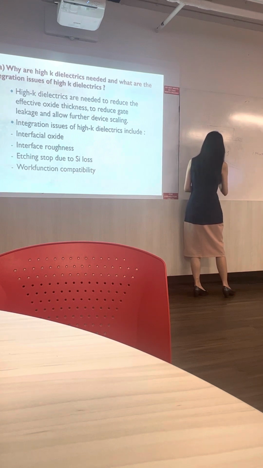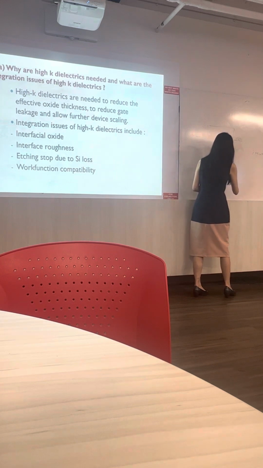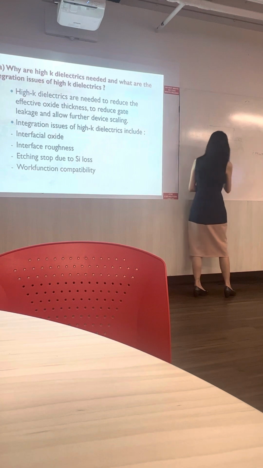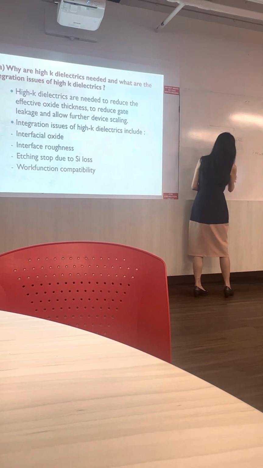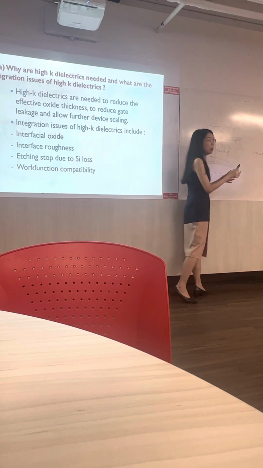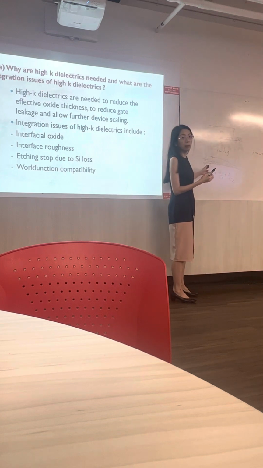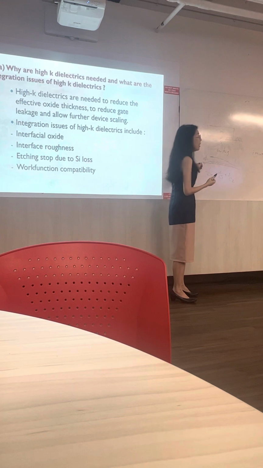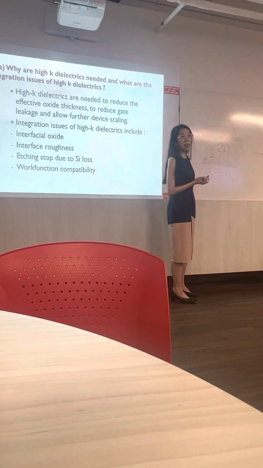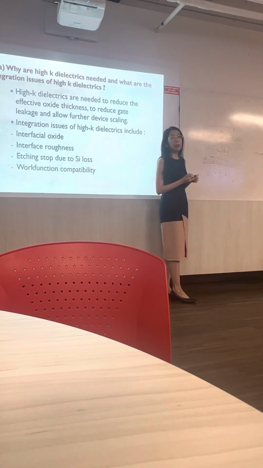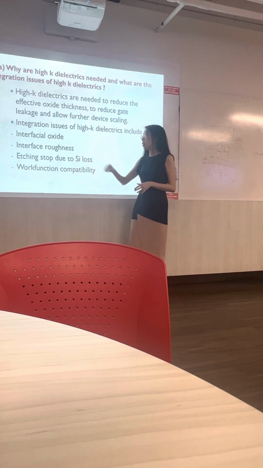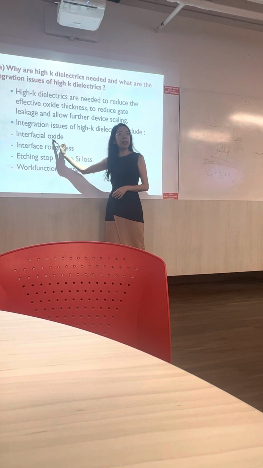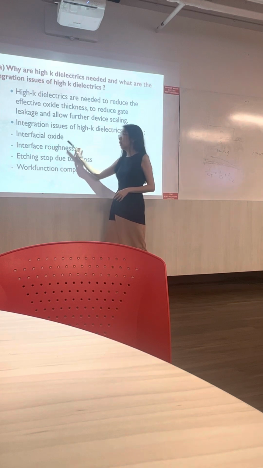They are arranged in series, so your C total will be 1 over C1 plus 1 over C2. If C2 is low, you can imagine this term becomes bigger and will dominate your C total. That is why we try to eliminate such a parasitic layer that doesn't help in the total capacitance. Which is the reason why we want to avoid any interfacial oxide.